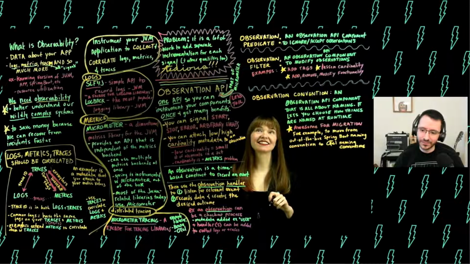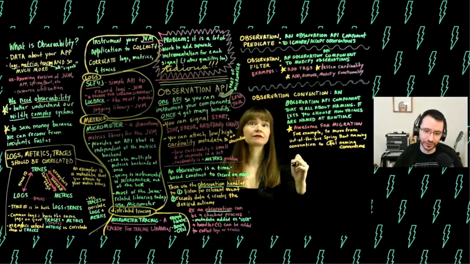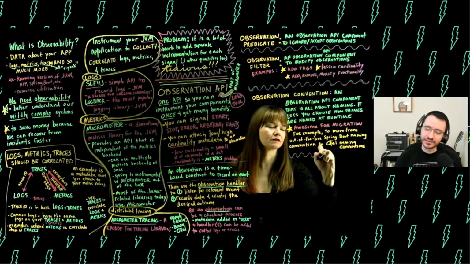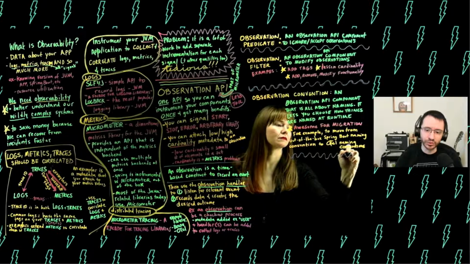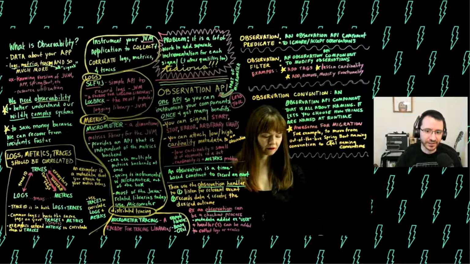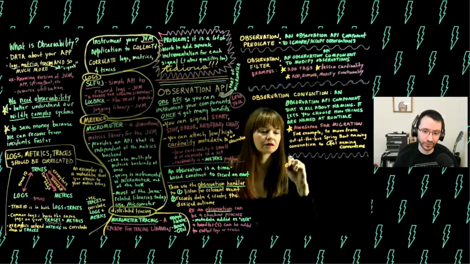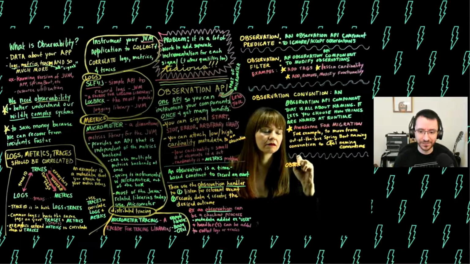Awesome. Is the fourth thing also a component? Yes, that is also a component. That is called observation documentation. And this is kind of a two-in-one thing, because observation documentation is in fact a component of the observation API.